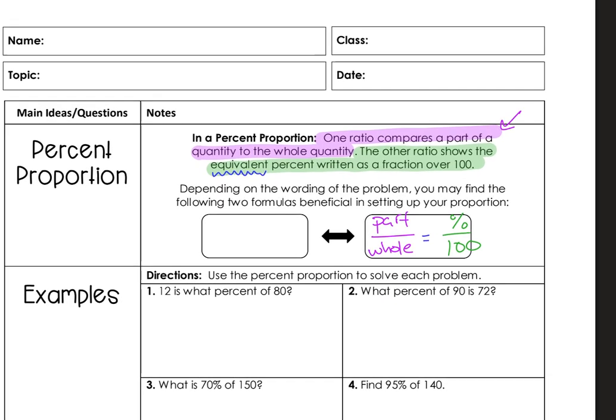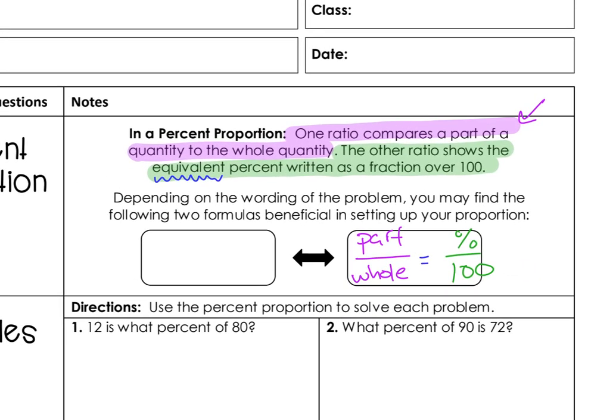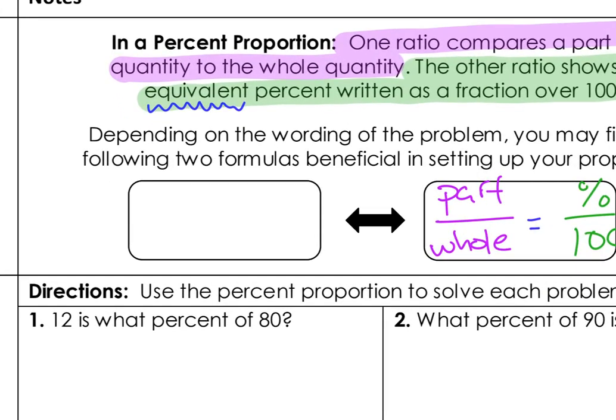So let's go back over here. Another way we can write this, and this one is a little funky, is over of. And that is going to be, guess what? Equal to a percent over 100.